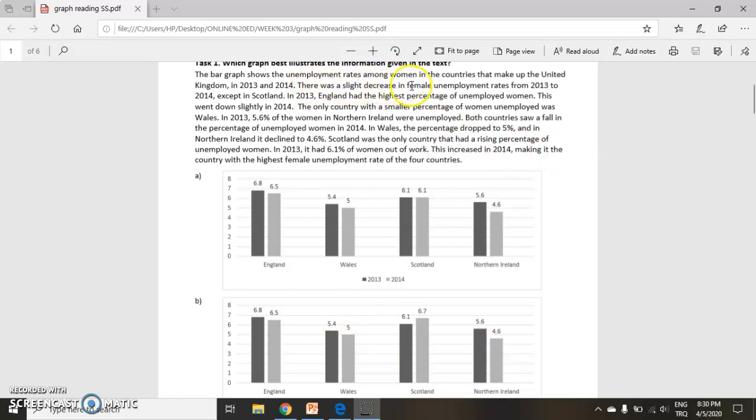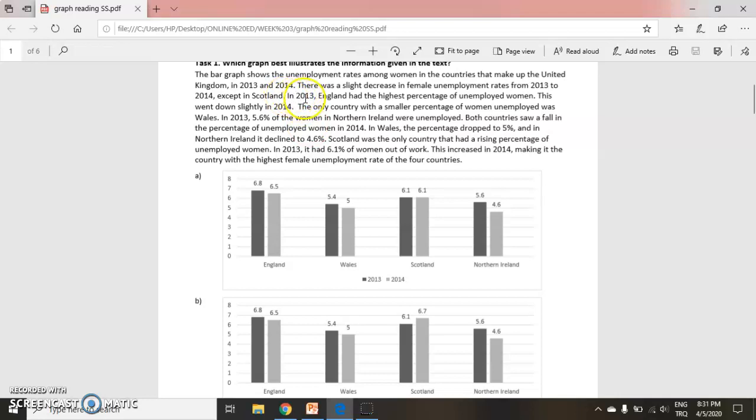There was a slight decrease in female unemployment rates from 2013 and 14, except in Scotland. So in both charts, you will see all of them decreased here, here, here, and here, except for Scotland. So in both charts, this is true. So till now, there is no problem.